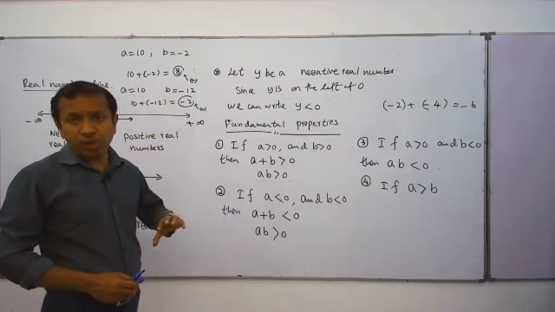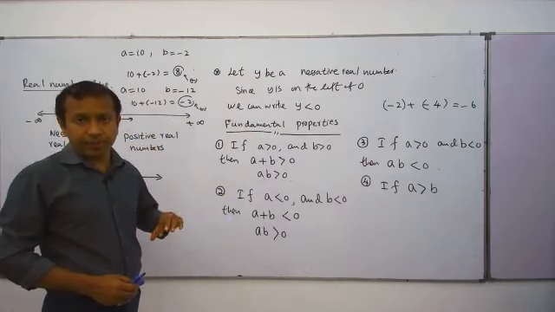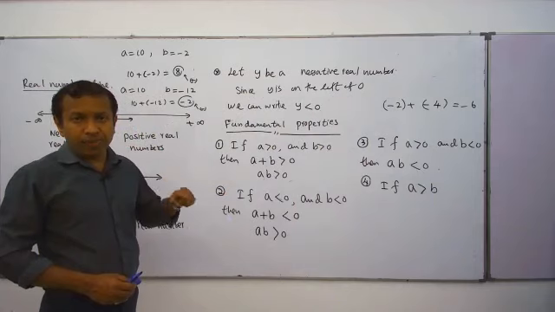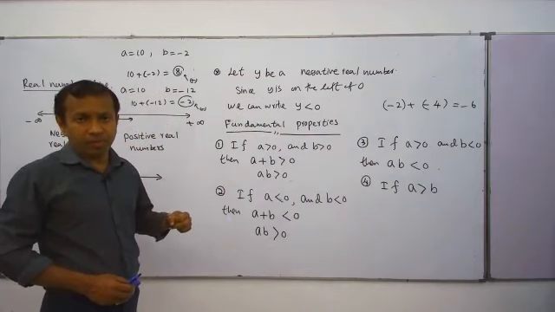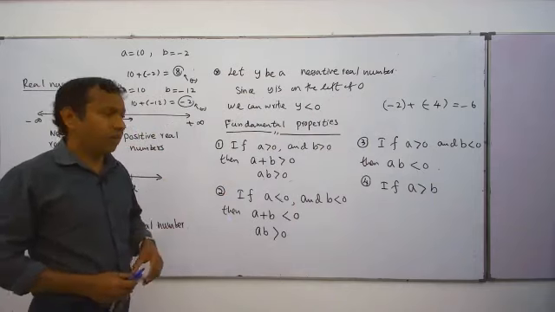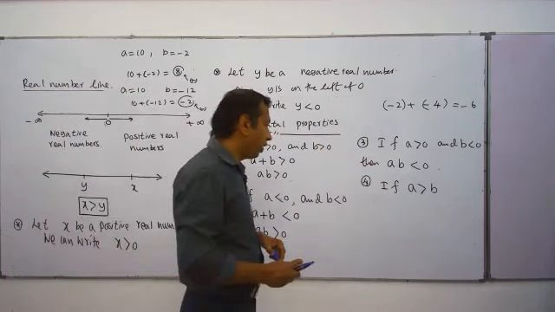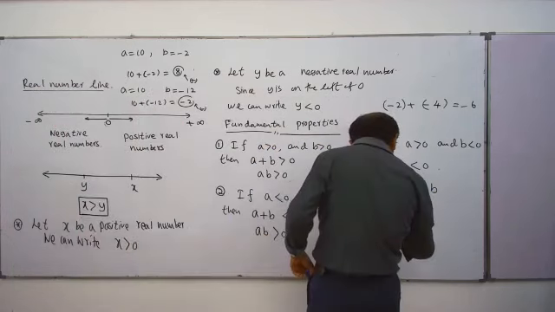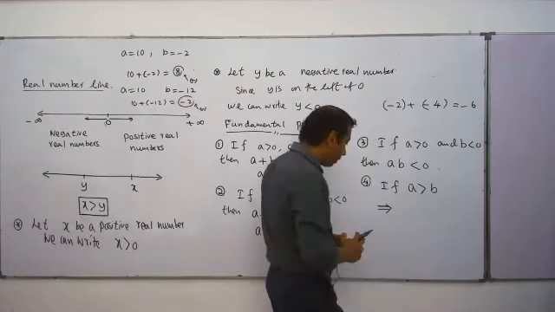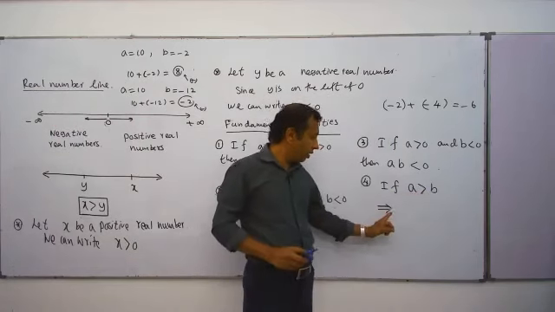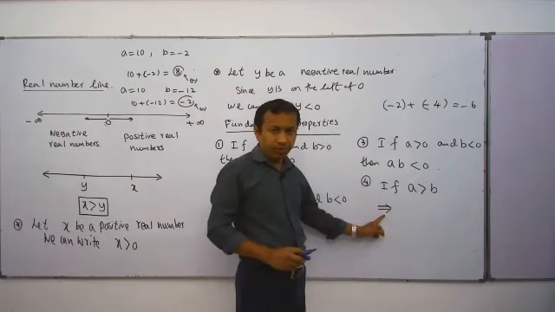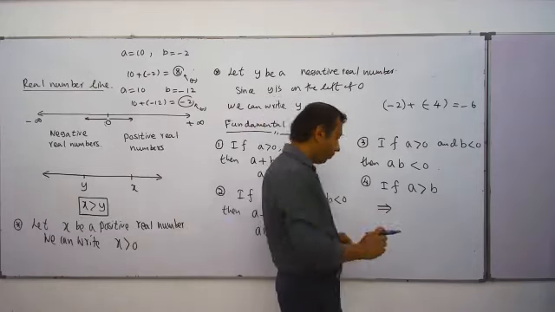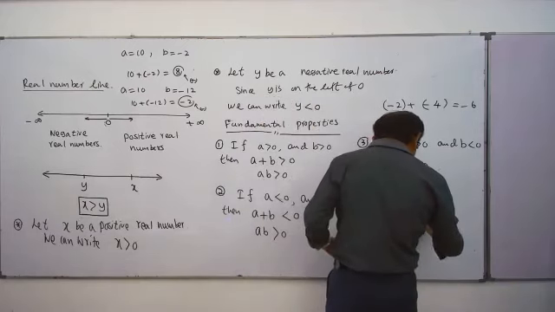That means B is smaller than A; a smaller thing is subtracted from a bigger one, so the difference is positive. So if A greater than B, this implies A minus B positive.